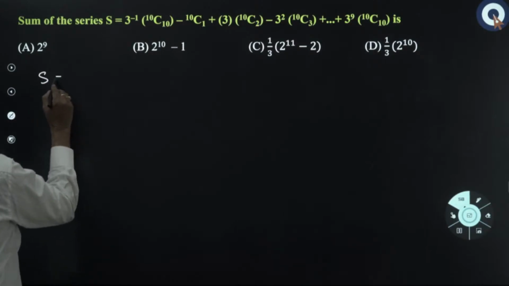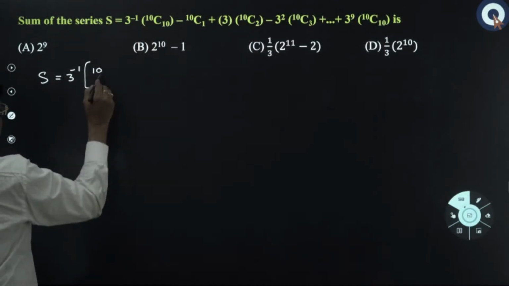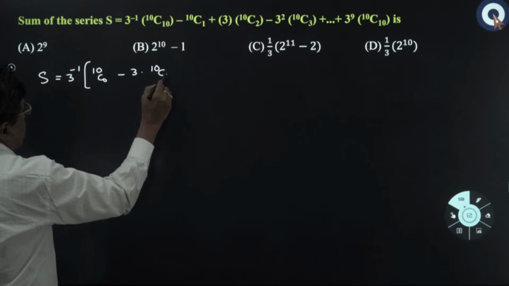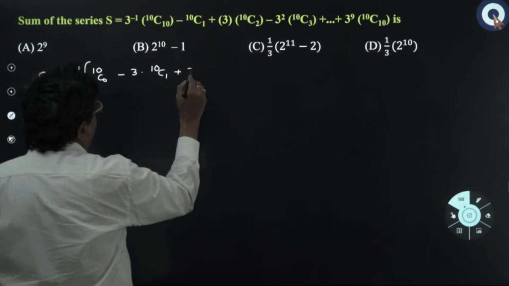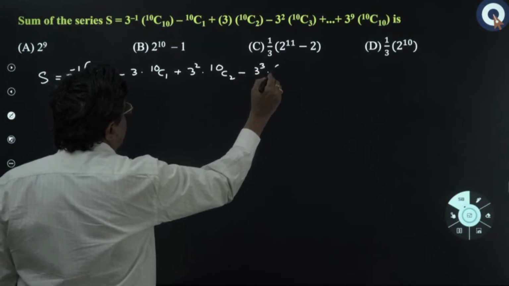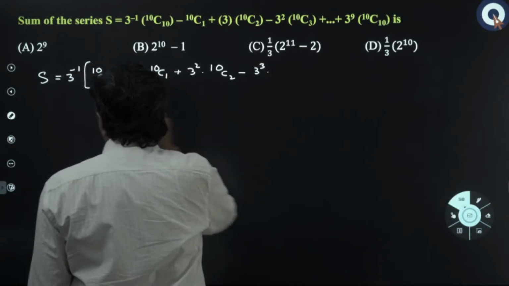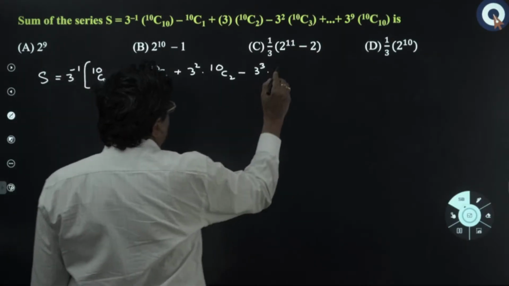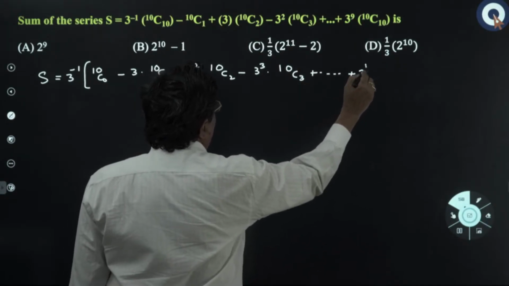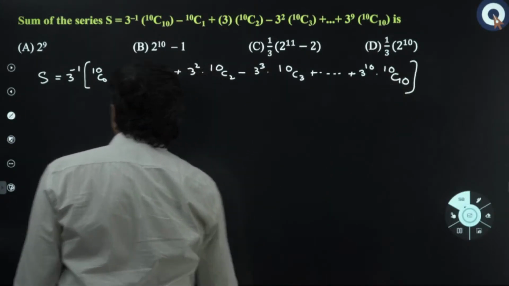So, S is equal to, if I take 3 power minus 1 common here, I get 10C0 minus 3 into 10C1 plus 3 square into 10C2 minus 3 cube into 10C3 plus so on, plus 3 power 10 into 10C10.